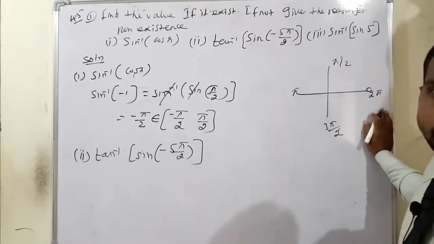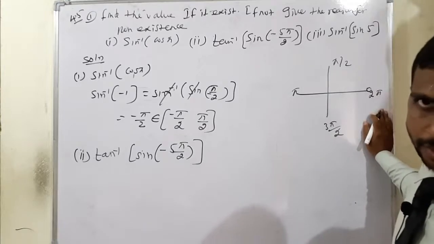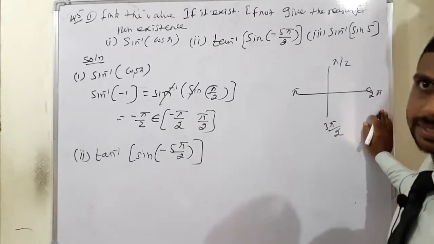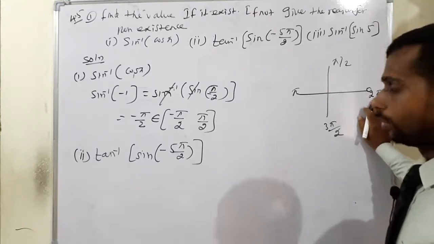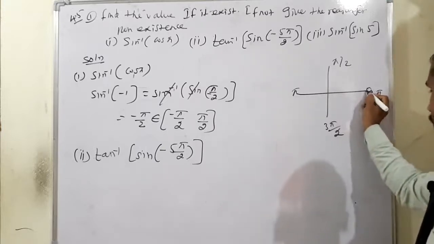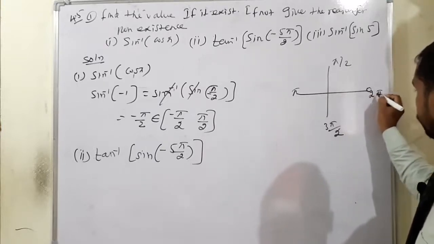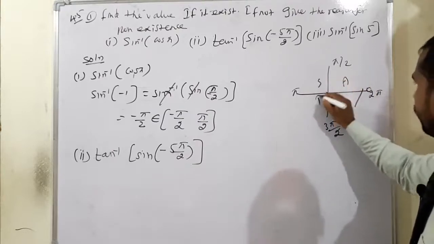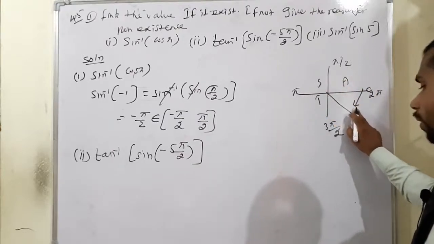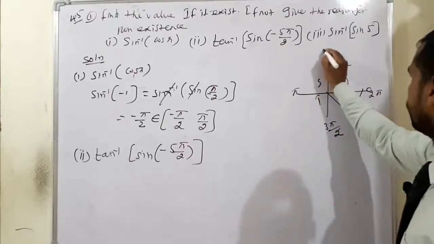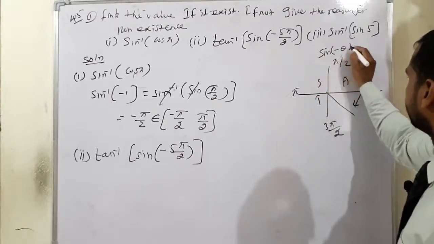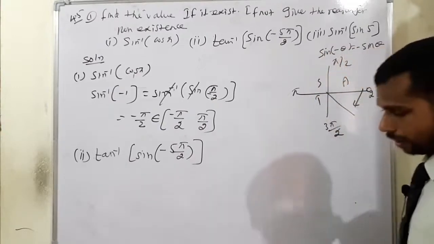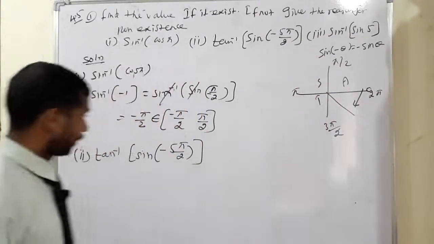Sine of minus theta means 0 minus theta or 360 minus theta. 360 means 2 pi, so 2 pi minus theta is the fourth quadrant, where only cos is positive. That's why we say sine of minus theta is equal to minus sine theta. Just how to rearrange it.